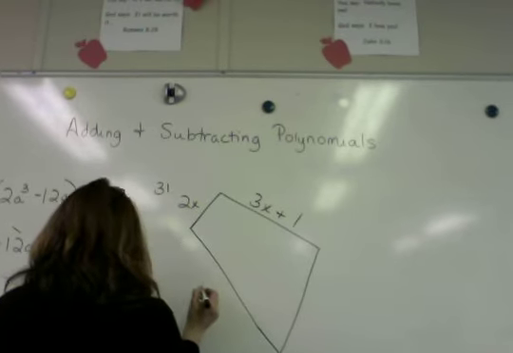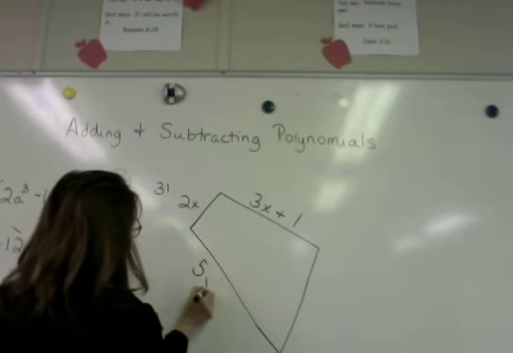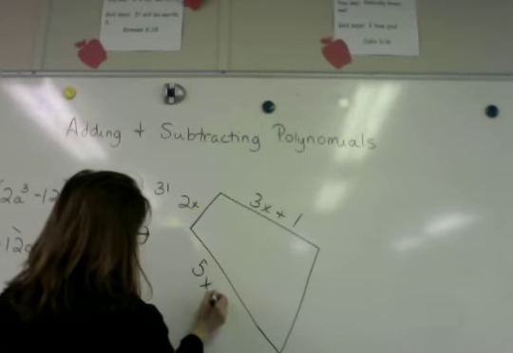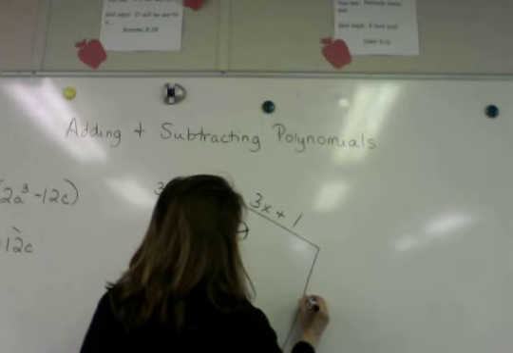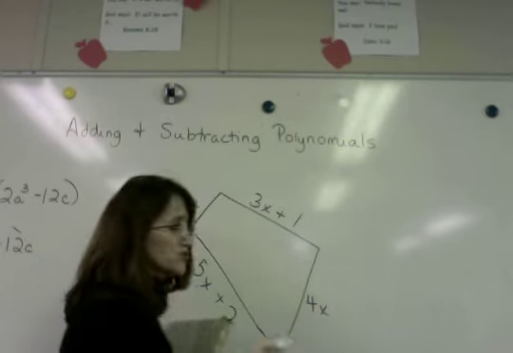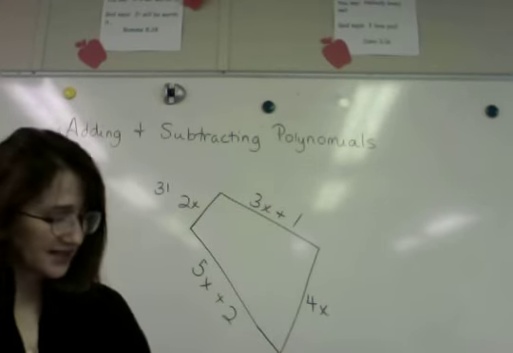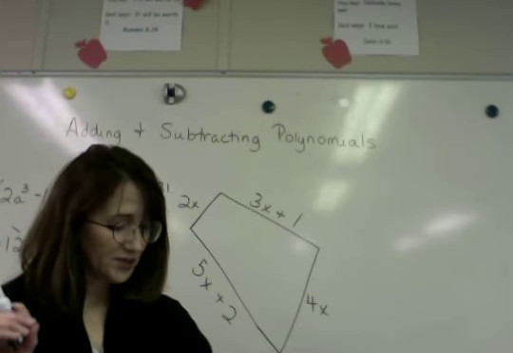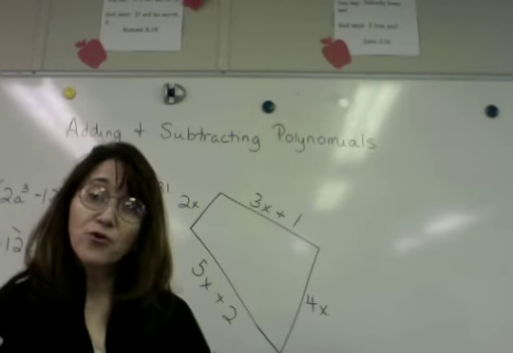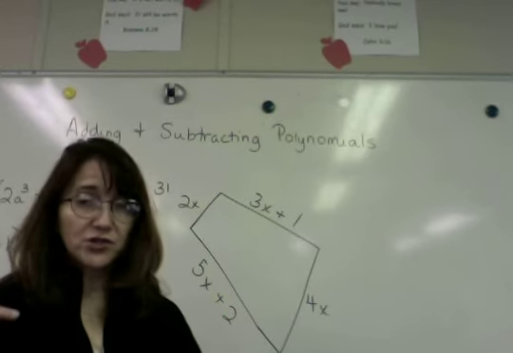And once again, they are assuming that you know the definition of this word and that you know the formula or how to figure this out. Because your instructions say write a polynomial expression for the perimeter of each figure.